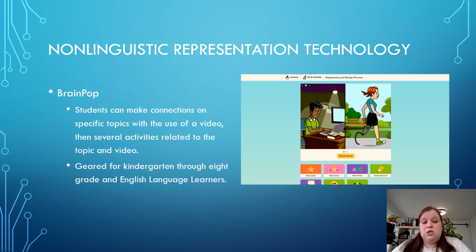Students can make connections with specific topics with the use of a video and then several activities related to that topic and video. It's geared for students in kindergarten through 8th grade and for English language learners, as I know there are so many of those in today's schools. And it's very fun, it was colorful, it just was geared for kids, and I enjoyed it as an adult. But that's the first grade teacher in me talking, I think.